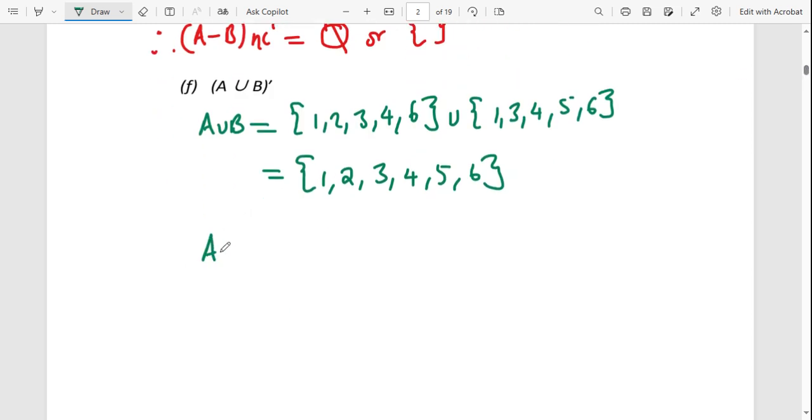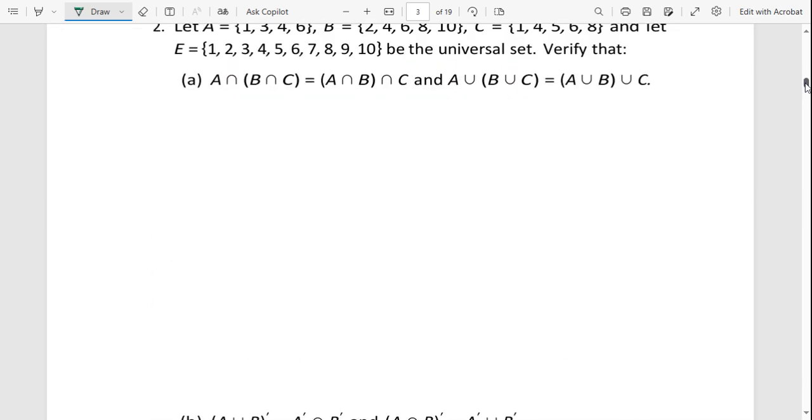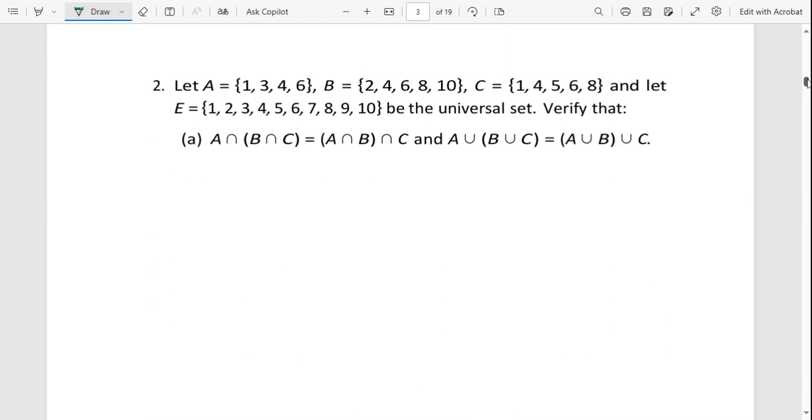So that will be A union B complement. So 1 is already in this set, 2 is already there, 3, 4, 5, 6. So the complement will just be 7, 8, and 9. Does that make sense? Is this okay? Okay, excellent.